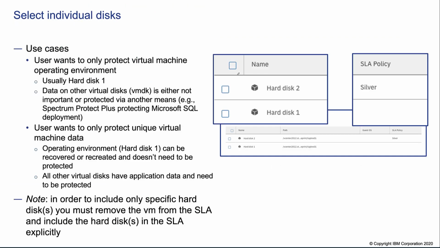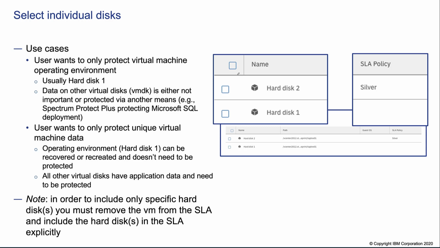I spoke a little bit about this use case. So usually a virtual machine has several hard disks. A lot of times they'll be provisioned in such a way that the first hard disk, or hard disk 1, has the operating system. Hard disk 2, 3, 4 have all the application or development bits or production bits that are interesting to whoever's consuming that virtual machine. So there's usually two use cases that are prevalent.